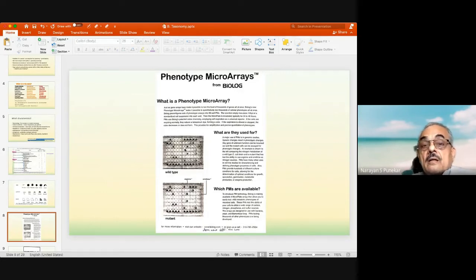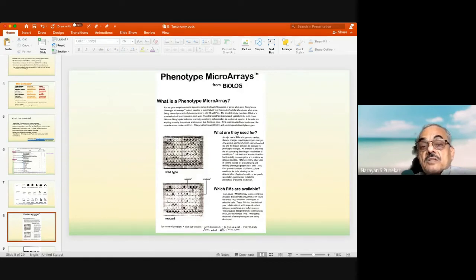You typically get a readout of this, and if you have mutants in some pathways, you can very quickly find out that, for example, this is not able to grow on arginine, this is able to grow. This requires arginine, this does not require arginine. This is the wild type, this is the mutant. You can get a phenotype readout based on whatever is your requirement.